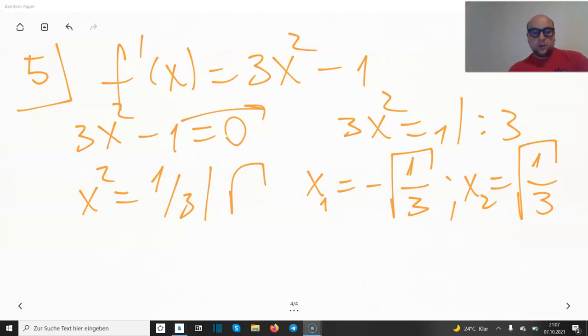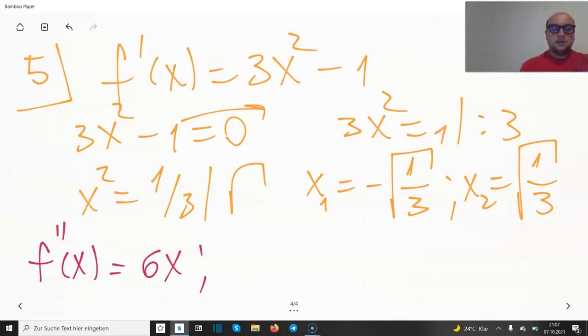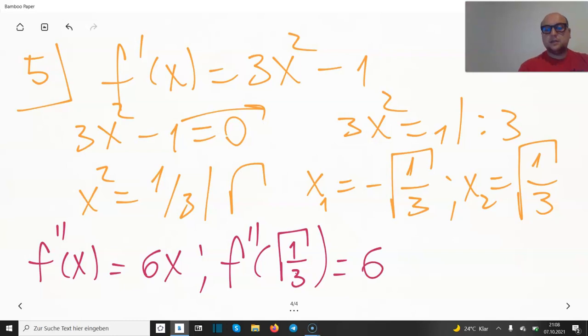Now what else do we need? Well, of course, the second derivative as well. Let's change the color. F second prime of x would be equal to 6x. So f second prime of, well, let's take the square root of a third, is 6 times the square root of a third.